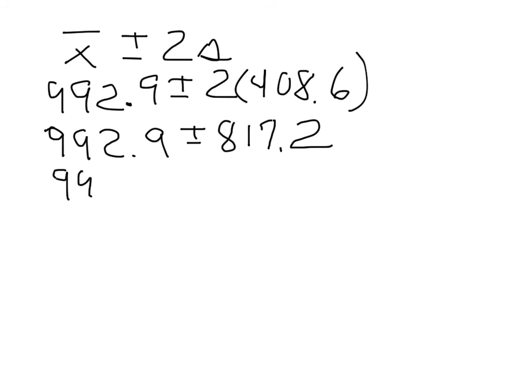So I'm going to have 992.9 minus 817.2, and that's going to give me 175.7.